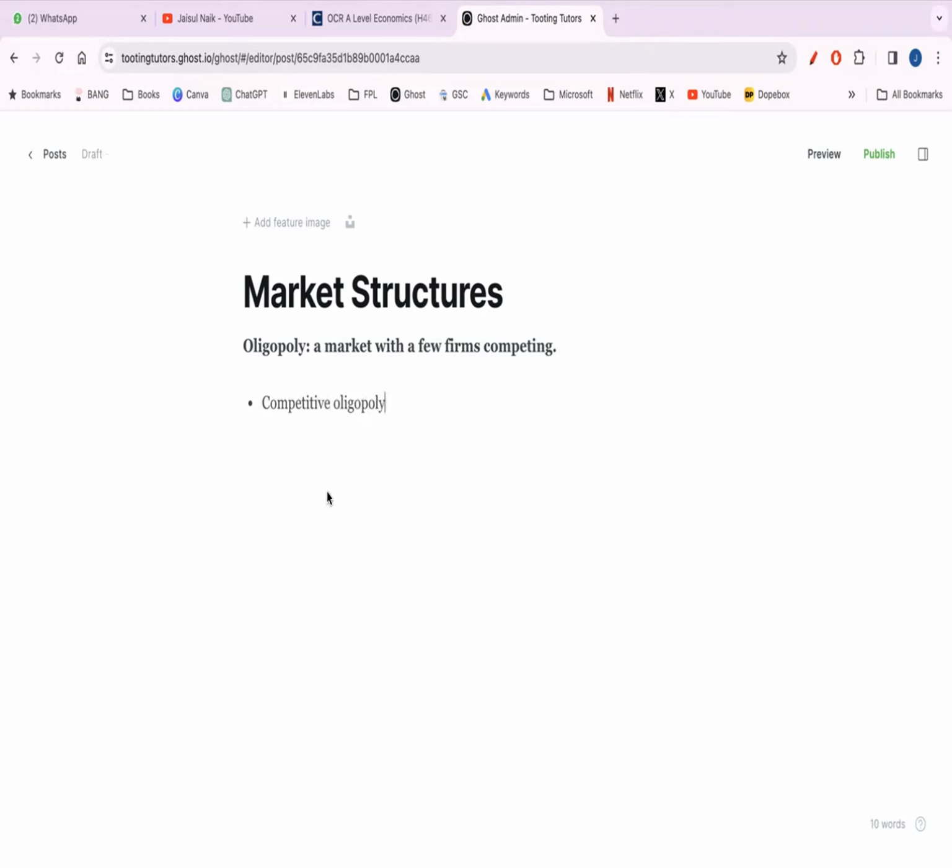So for example, Starbucks, Costa, Cafe Nero are a competitive oligopoly. And then a collusive oligopoly could also exist, maybe with energy firms or other types of firms. Depending on which one, the question will be completely different.